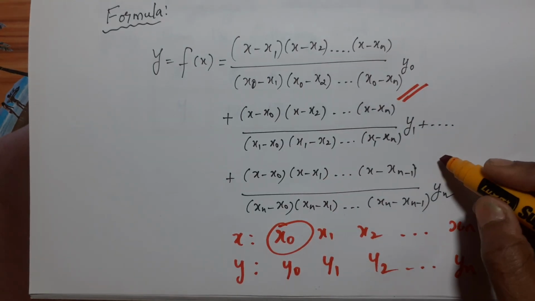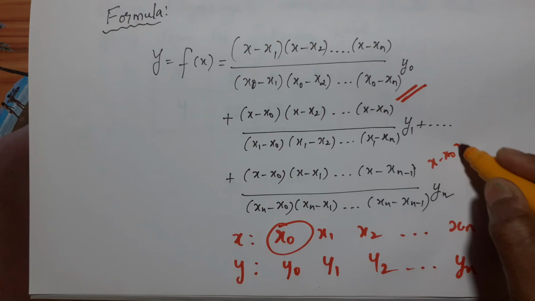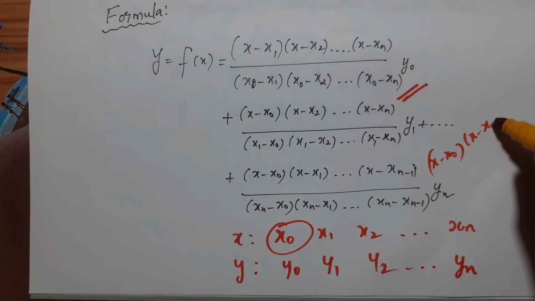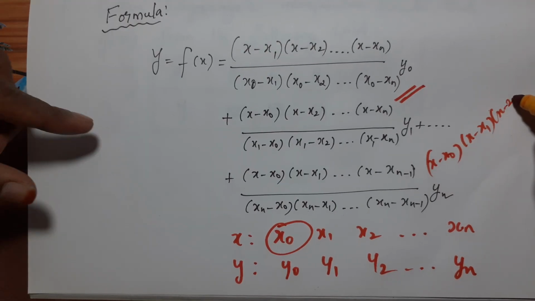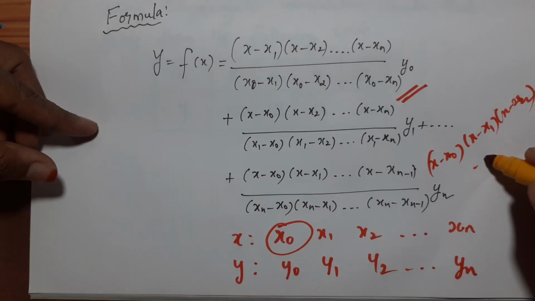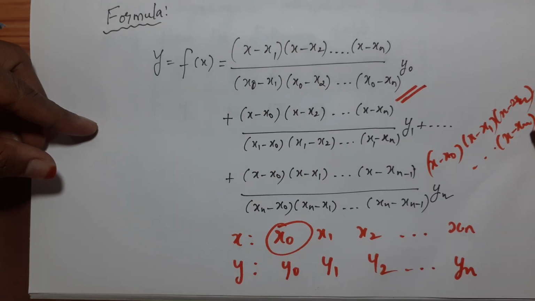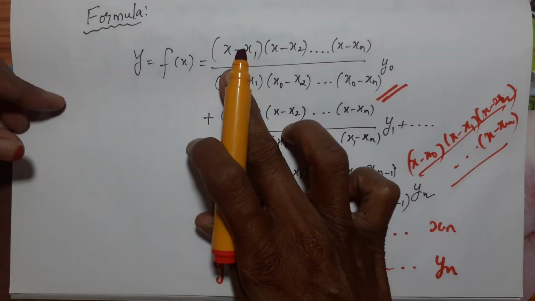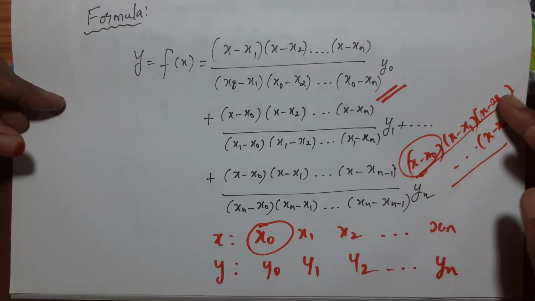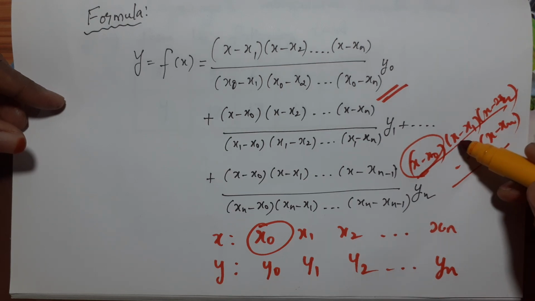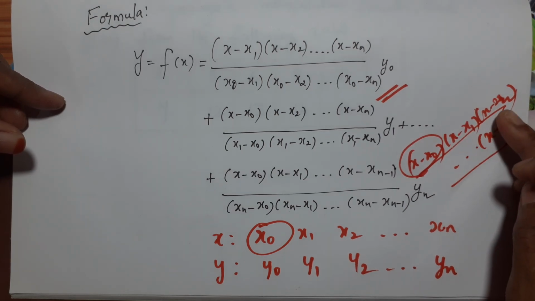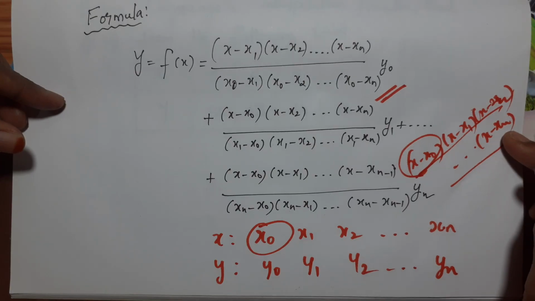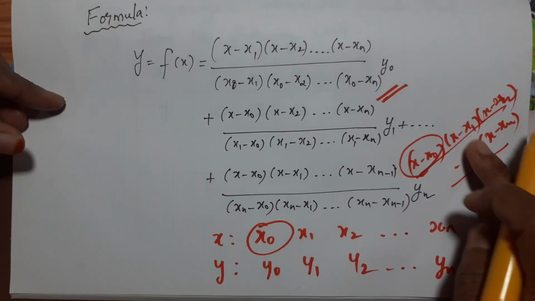All the factors like x minus x0, x minus x1, x minus x2, etc. up to x minus xn, you take as a fixed set. In the first term, leaving x minus x0, you have to take all the factors starting from x minus x1, x minus x2, etc. up to x minus xn. This is your first term.